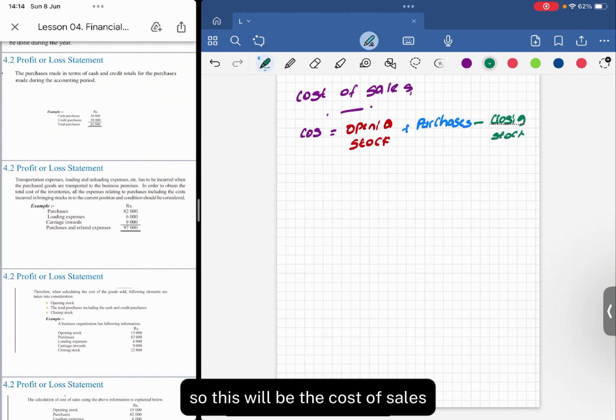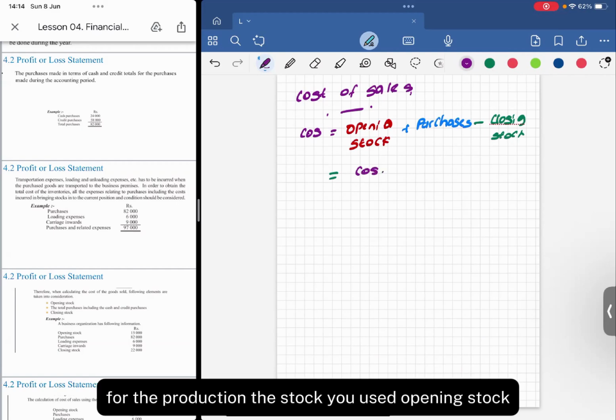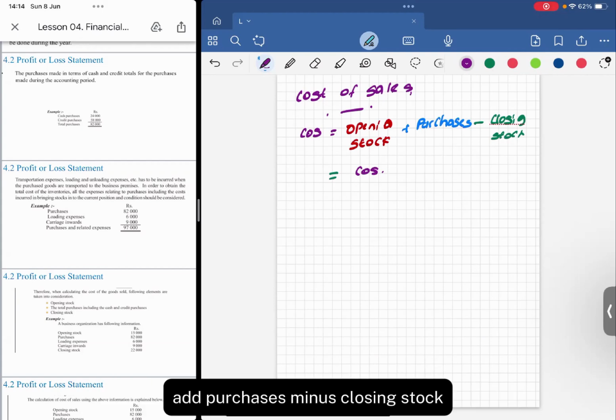So this will be the cost of sales. In fact, for that particular year, for the production, the stock you used: opening stock, add purchases, minus closing stock. That will be the cost of sales.